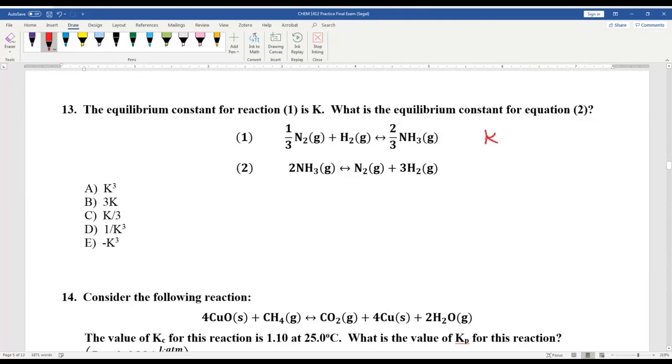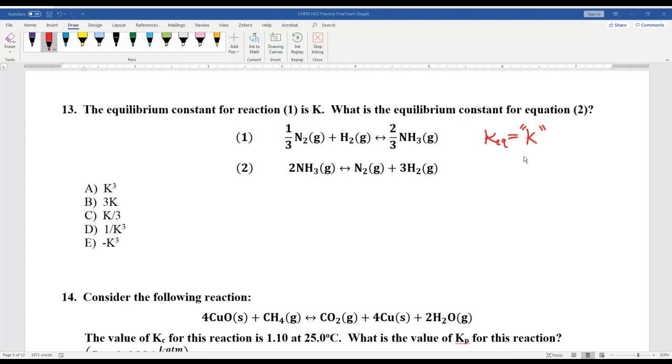So let's say the equilibrium constant for this is K. Now, K2 is what? What has been done to reaction 1 to turn it into reaction 2? Yeah, it's been flipped and it's been multiplied by 3.